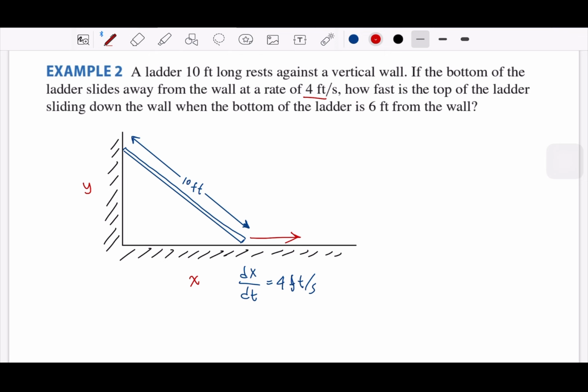So this is a similar approach with the previous example. So we are going to have the triangle: x, y, and 10. So we know that this will follow this formulation: x squared plus y squared equals 100.